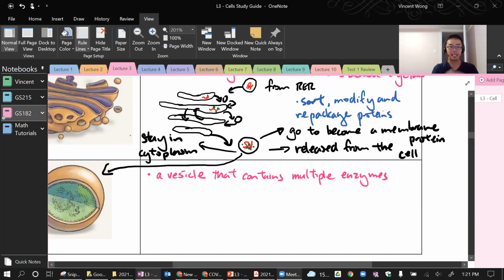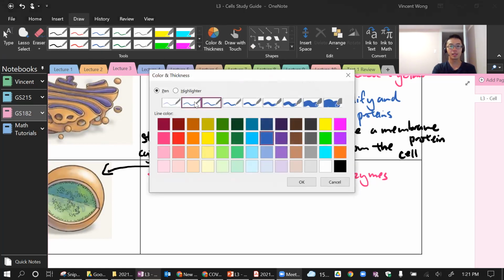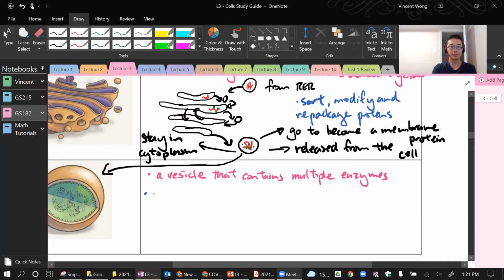So what does the lysosome do? Well, a couple of things, right? The lysosome can break down macromolecules. It could break down bacteria, right? Old organelles.